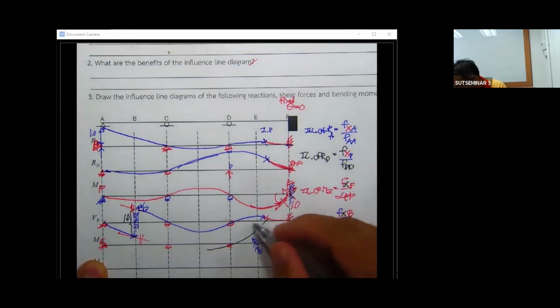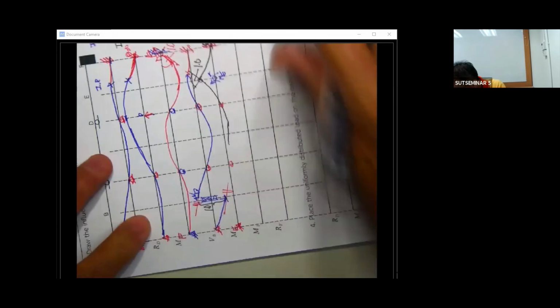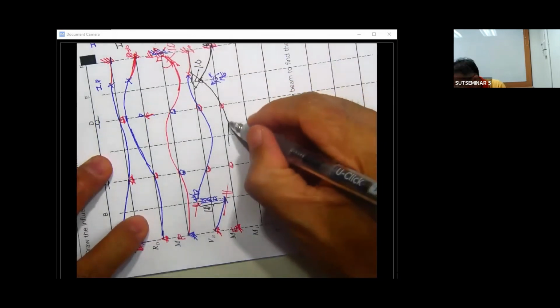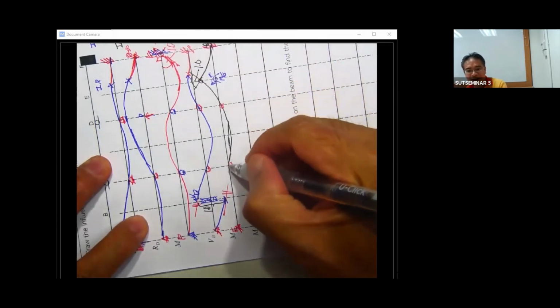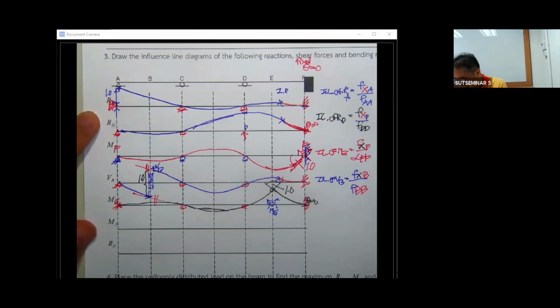The basic thing, the slope here is going to be 1.0, and this one must move this way and this way like this. Okay, so this is going to be the moment M sub E, and then moment M sub F.